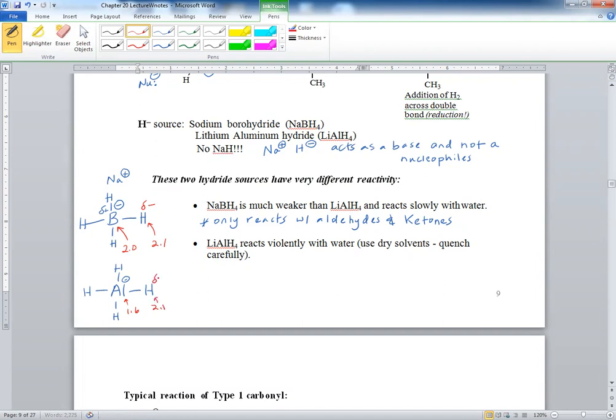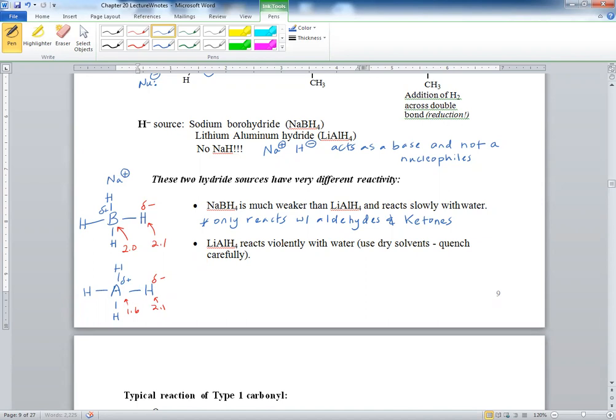So once again, this is delta minus, and this would be delta plus. Let me remove this negative from here just to talk about the polarity difference. You can see that the aluminum is much less electronegative than hydrogen. Therefore, this makes a huge difference between using aluminum hydride versus sodium borohydride.